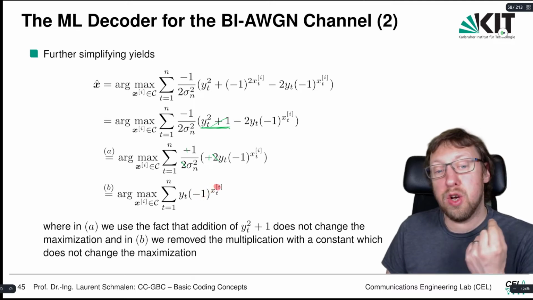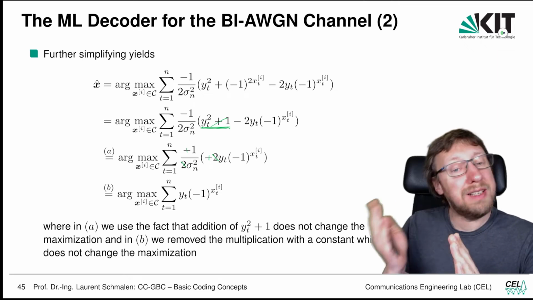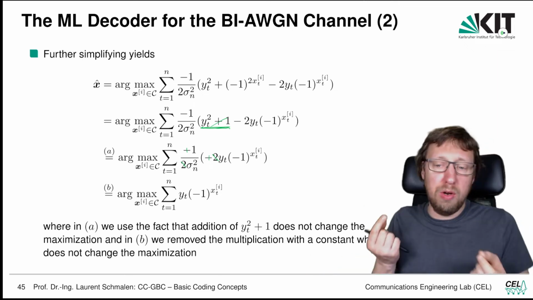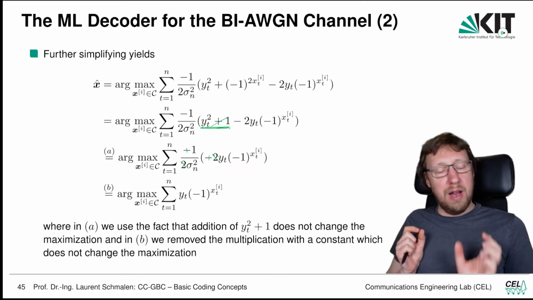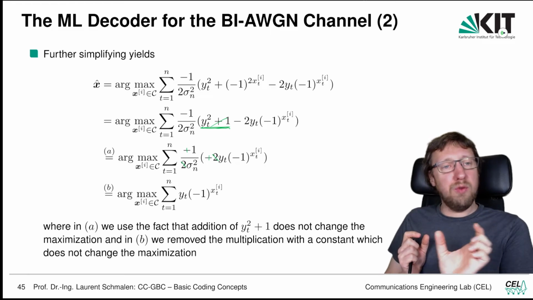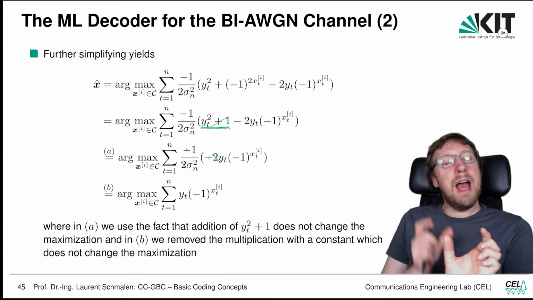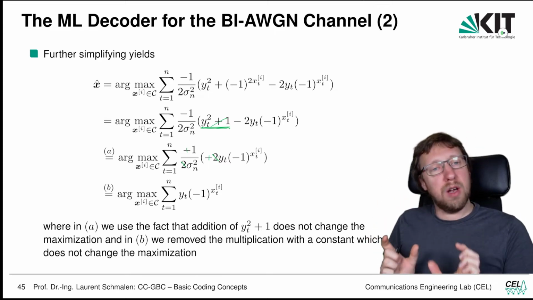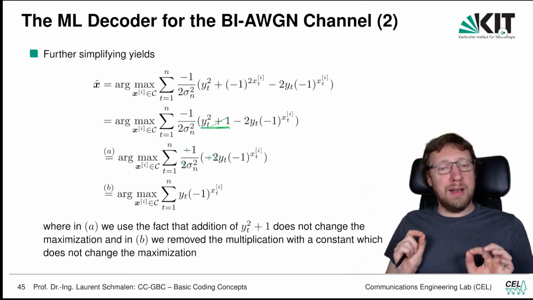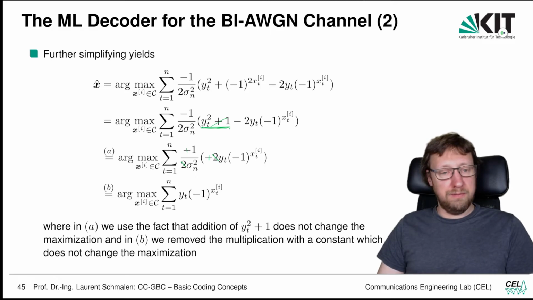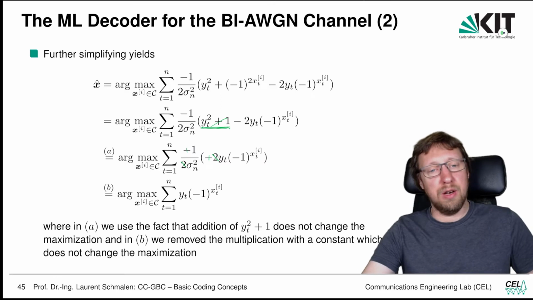This is essentially the correlation between the received sequence and the transmit sequence, modulated to plus and minus 1. So we take the correlation between the received sequence and every transmitted code word mapped to plus and minus 1, and we choose the one that maximizes the correlation. That's our maximum likelihood decoder. It's also called a correlation decoder.